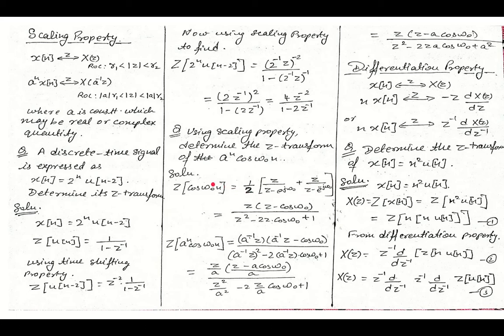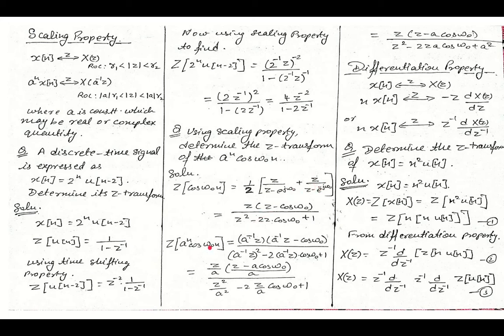Sometimes we take the LCM and find that the Z transform is z into z minus cos omega naught upon z square minus 2z cos omega naught plus 1. This value comes after taking the LCM of these two terms.